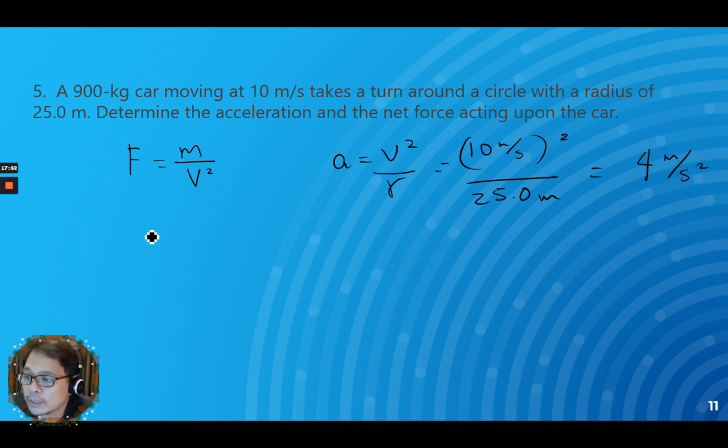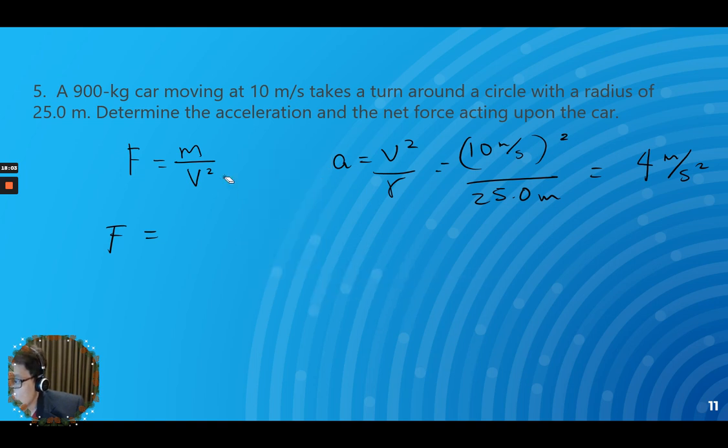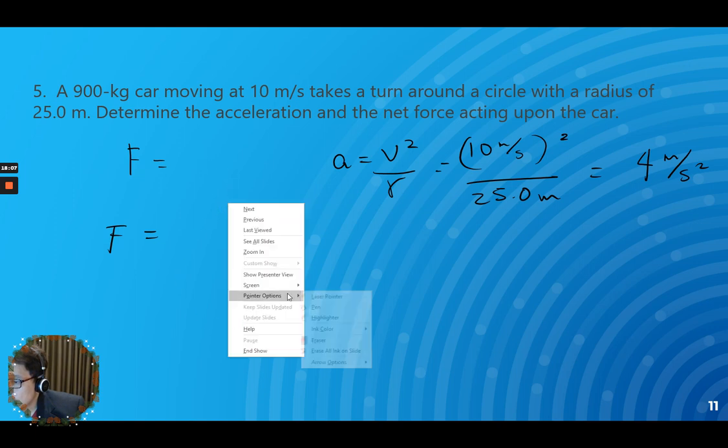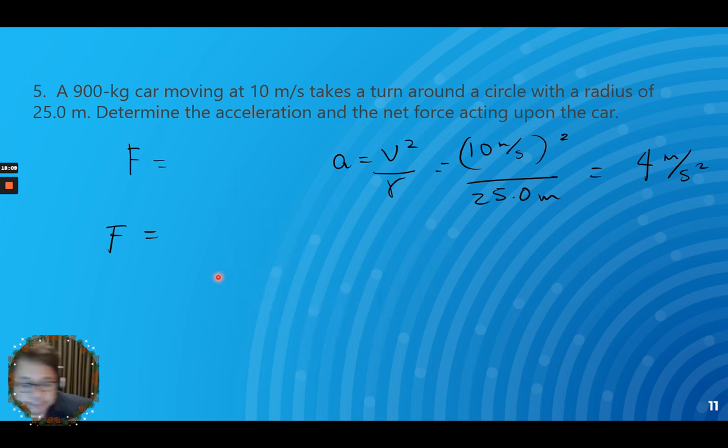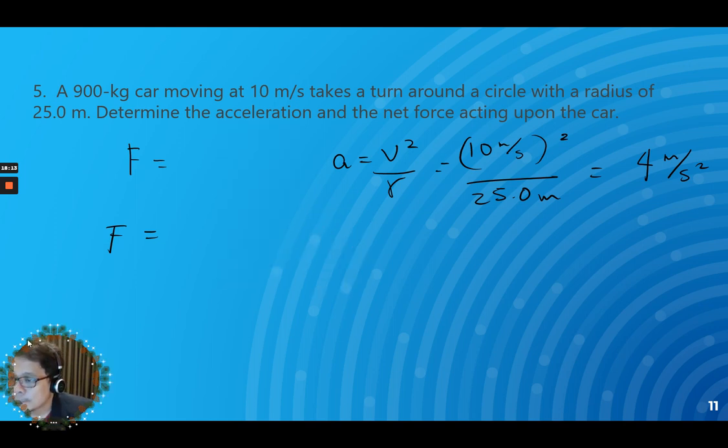Then we substitute into this equation. F is equal to, sorry, this is the wrong equation. Wait. It should be mv squared over r. Let me erase this. Okay, this is mv squared over r. We have already solved for v squared over r.